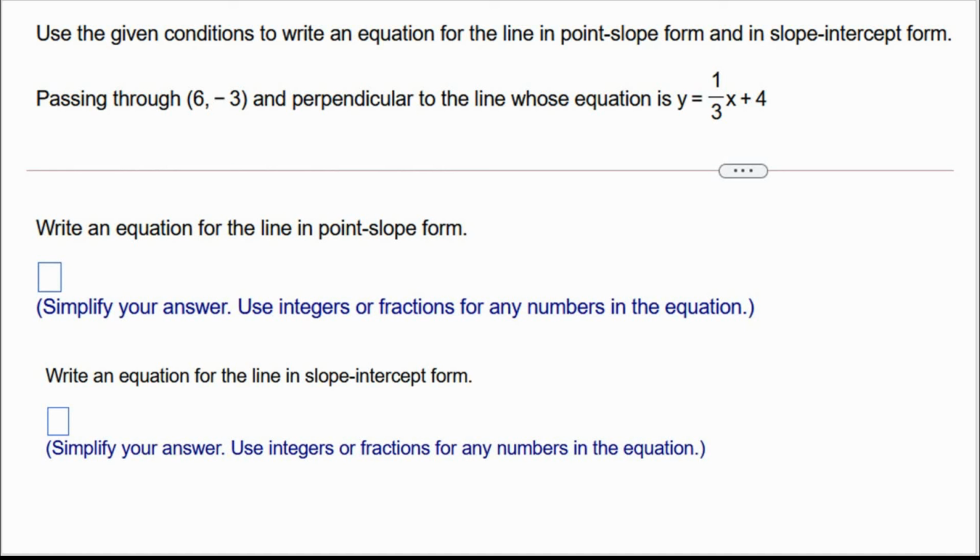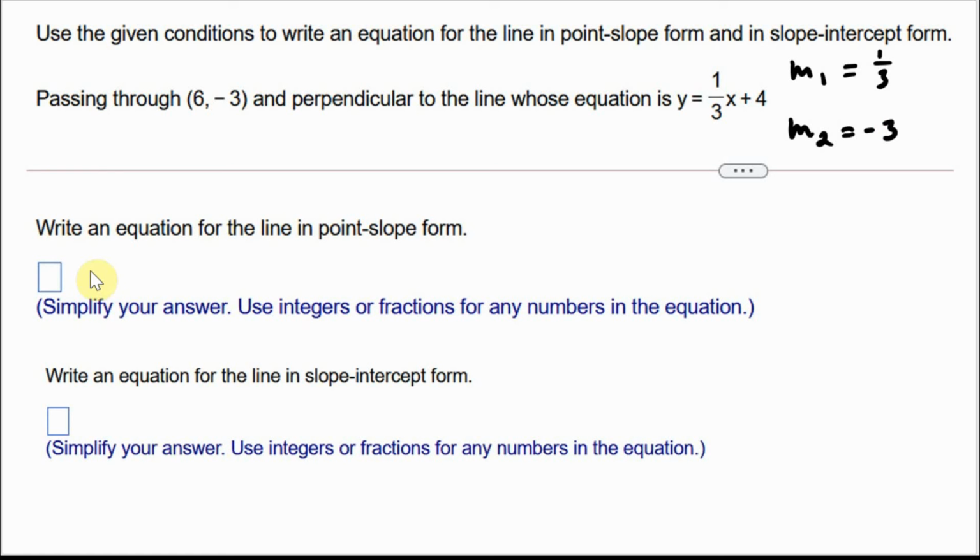So if m sub 1 is 1/3, then what's m sub 2 that's perpendicular? Negative 3, because perpendicular lines have slopes that are negative reciprocals. Take the given slope, flip it, and negate it, right?